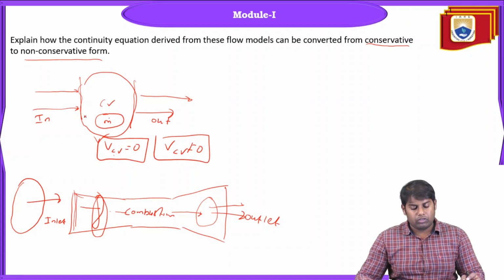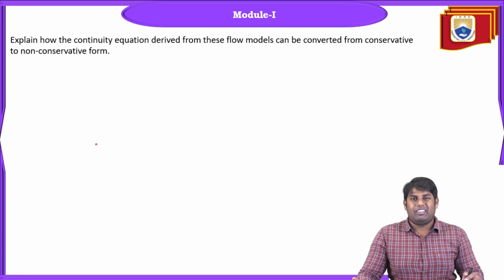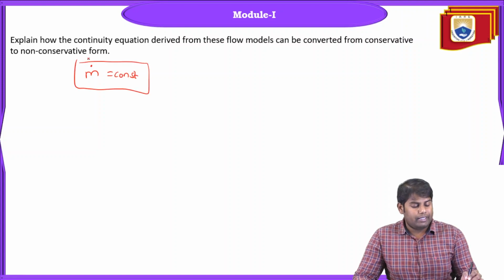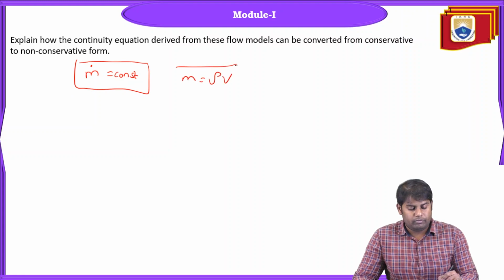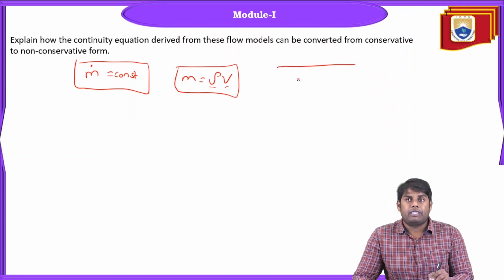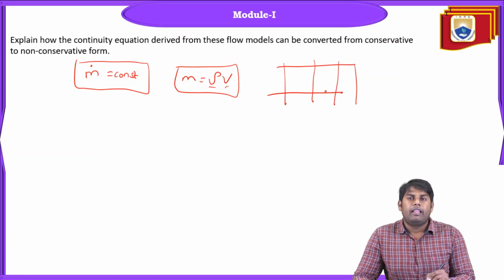Coming to the question, what is the continuity equation? Simply, in general, m dot is equal to constant. What is m dot? Mass is equal to density times volume. Mass flow rate m dot being constant means: you take any section, 1, 2, 3, 4.